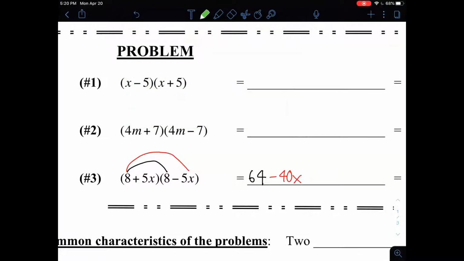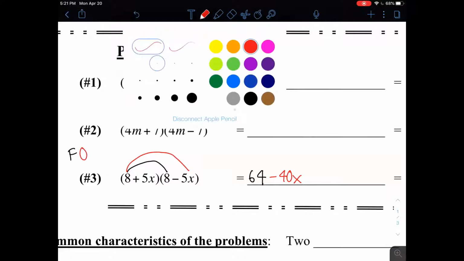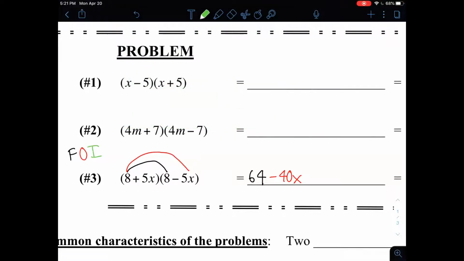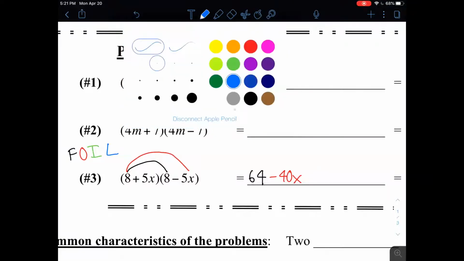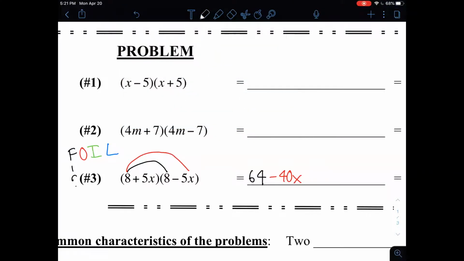Then we did green. Now we're doing the inside, so let me write out FOIL over here. Let's do it in the colors, actually. FOIL. We got outsides.